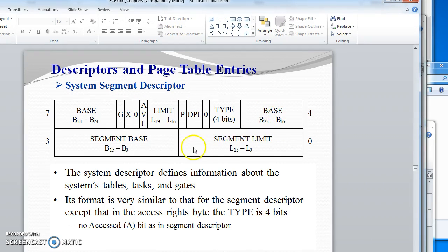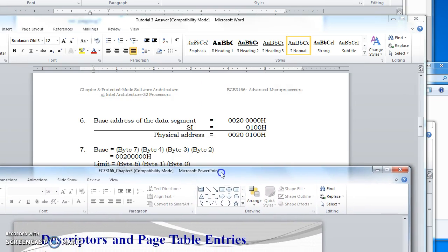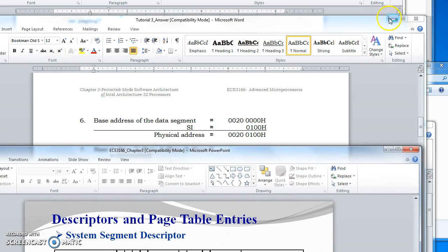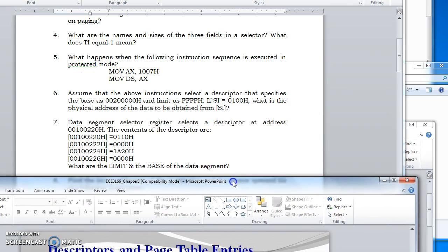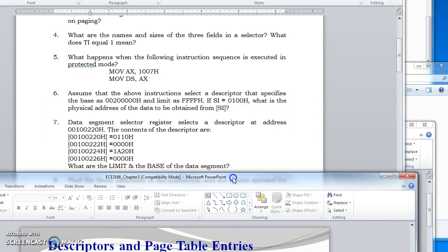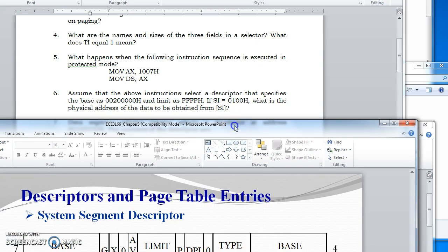You can see we define the base and also the limit. From the question, what are the limit and base of the segment? So we refer to this slide.